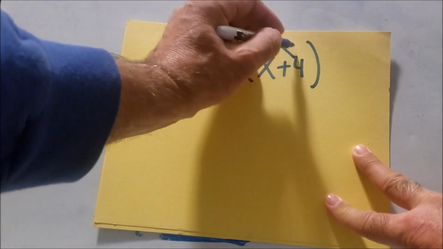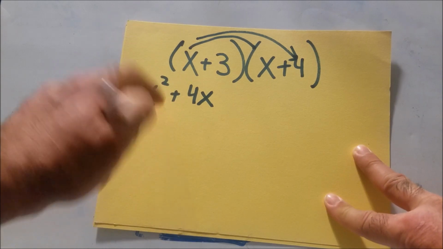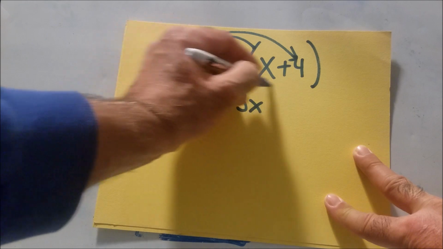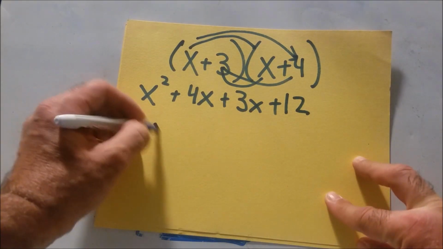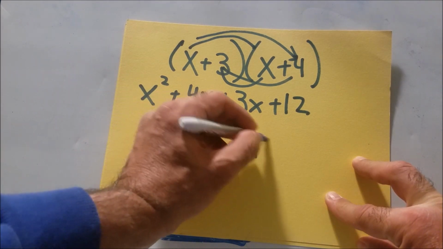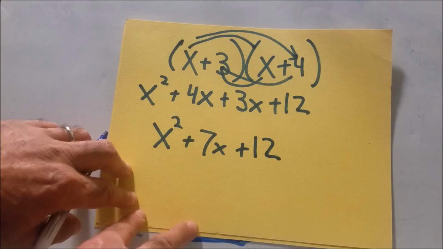X times 4 is 4x. It's positive, so put the plus sign. 3 times x is 3x. And 3 times 4 is 12. Right? And we combine like terms. We get x squared plus 7x plus 12. So we took two binomials and we created a trinomial using FOIL.